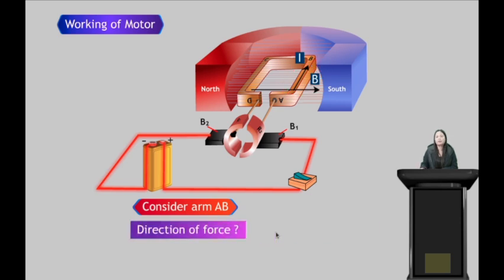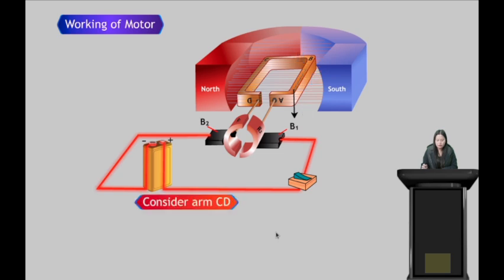Now what will be the direction of force in this case? Remember, these three directions, that is direction of force, direction of magnetic field and direction of current, should be mutually perpendicular to each other. So using Fleming's left hand rule, again we see that the direction of force in arm AB is downward.